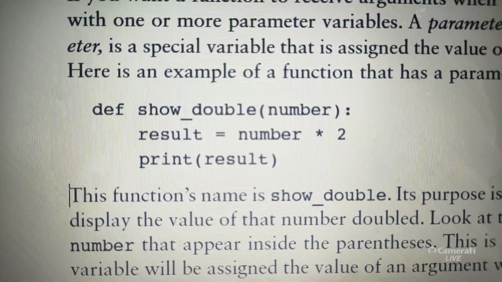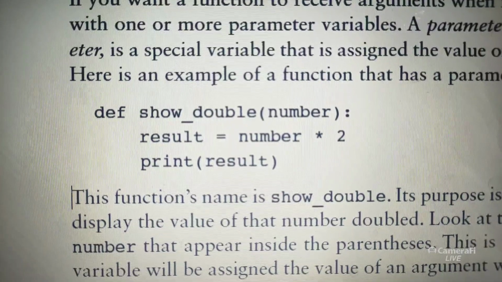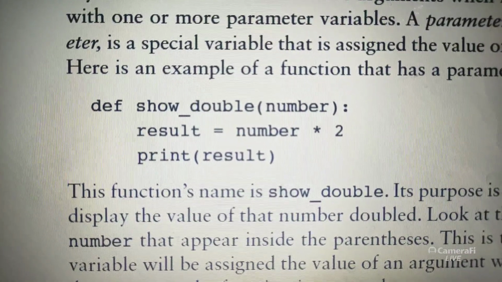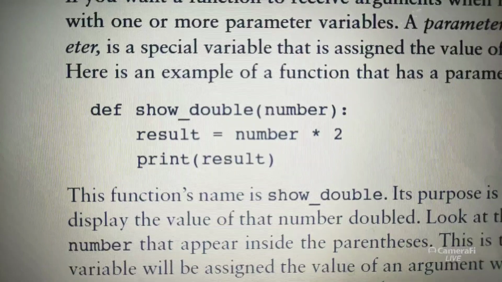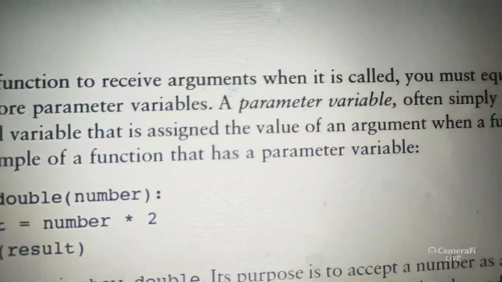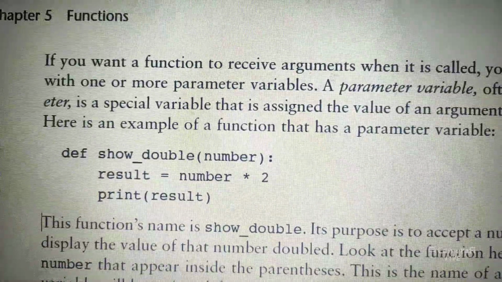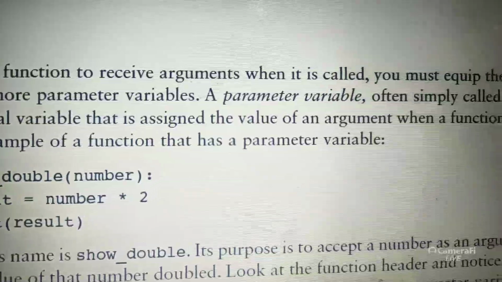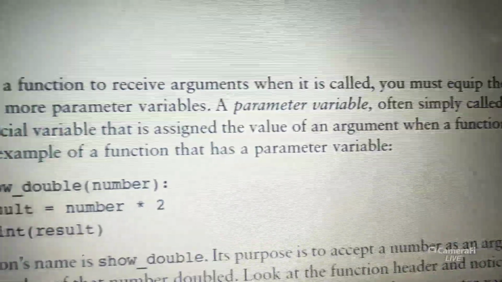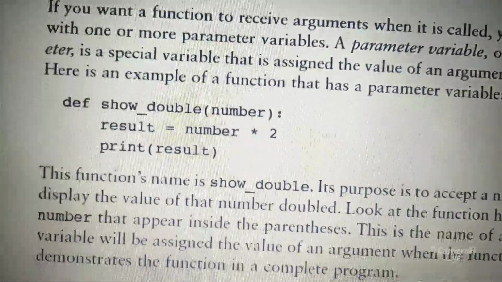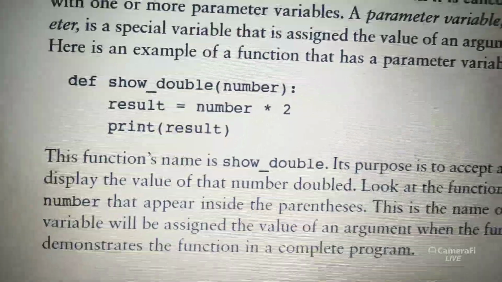Number is the argument of the function show double. So number should be passed with a value called a parameter. A parameter variable, often simply called a parameter, is a special variable that is assigned the value of an argument when a function is called.